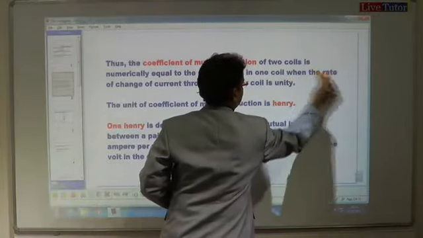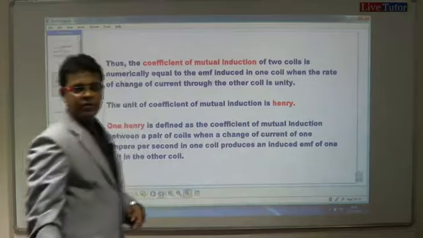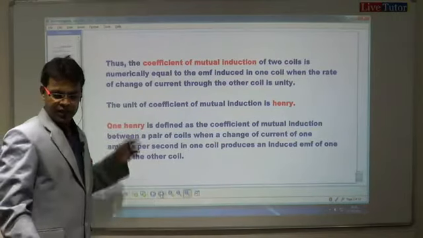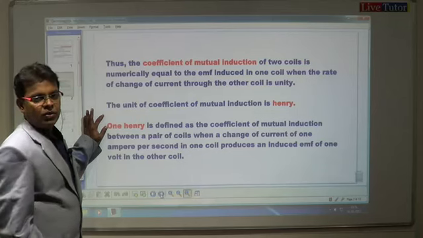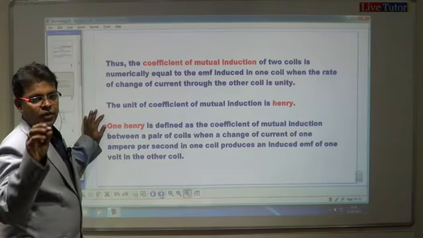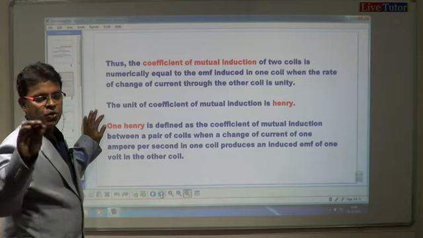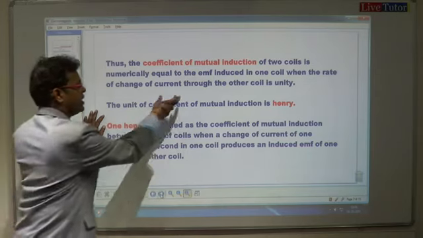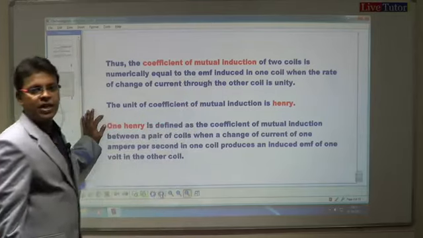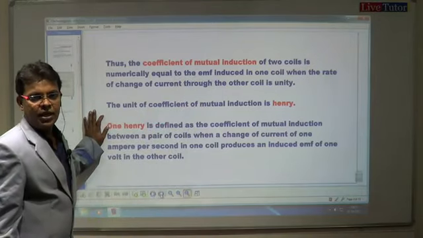The next one is, நம்ம ஏற்கனவே செல்ஃப் இண்டக்ஷன் என்ன பார்த்தோம்? The rate of change of current பார்த்தோம் இல்லையா? அது மாதிரி கூட சொல்லலாம். எப்படி நம்ம rate of change of current is unity ன்னு பார்த்தோம் இல்லையா? அதே மாதிரி இங்கேயும் the coefficient of mutual induction of two coils is numerically equal to the EMF induced in one coil and the rate of change of current in the other coil is unity. Same thing. Okay? அதுல என்ன பண்ணோம்?